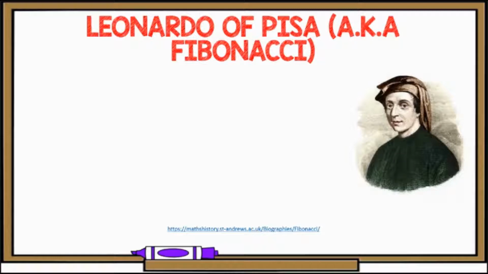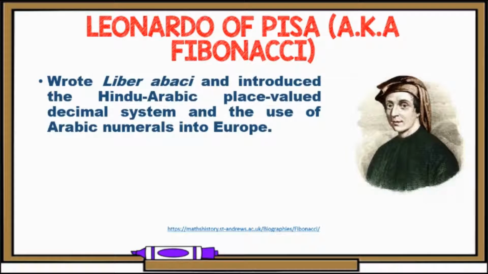Let's get to know the mathematician behind the Fibonacci sequence. This is Leonardo of Pisa, also known as Fibonacci. He wrote Liber Abaci and introduced the Hindu-Arabic place-valued decimal system and the use of Arabic numerals in Europe. Just imagine if he didn't introduce the Arabic numerals into the West.